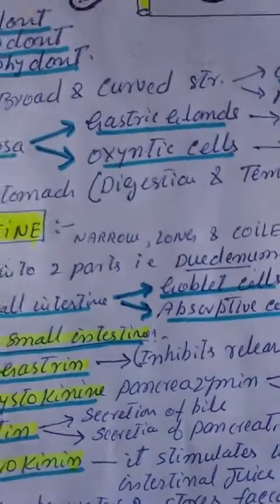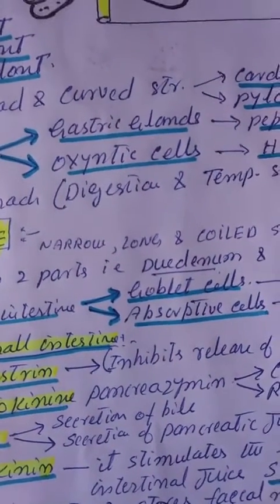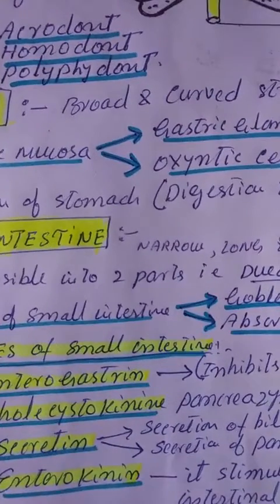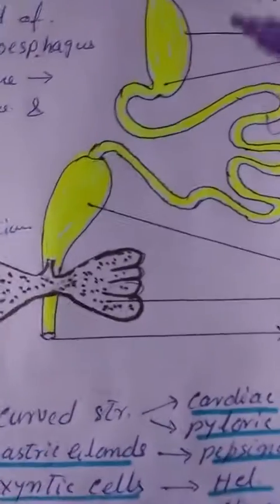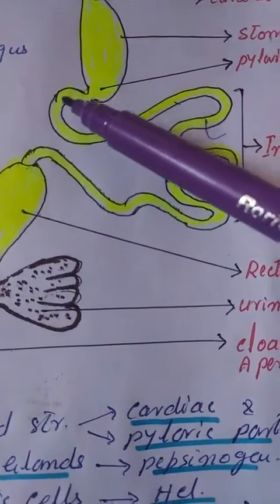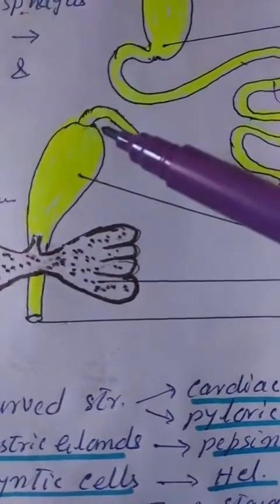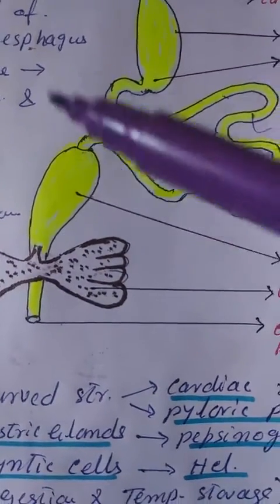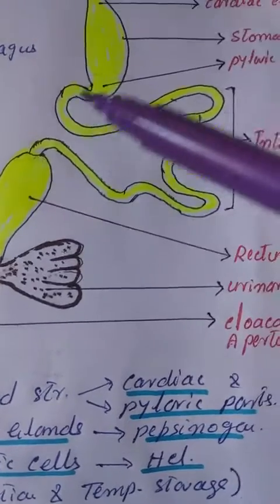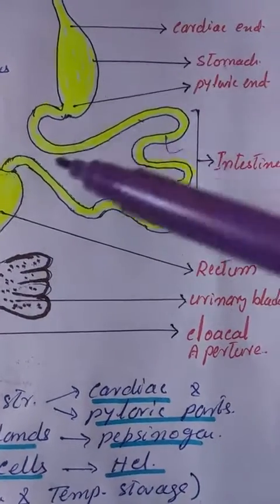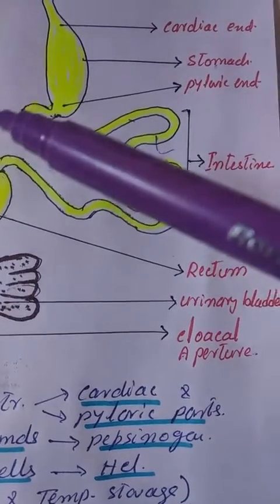After the stomach, we have to study the small intestine. The small intestine starts from the pyloric end and ends at the opening near the rectum. As you can see, it is a narrow, long and coiled structure about 30 centimeters long.